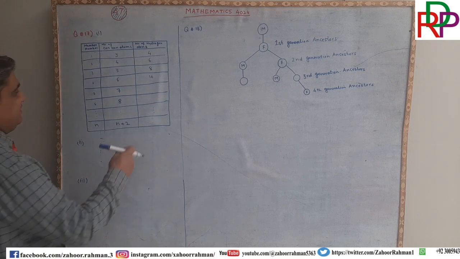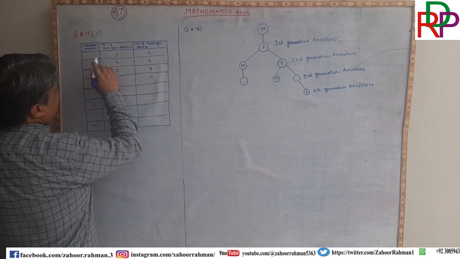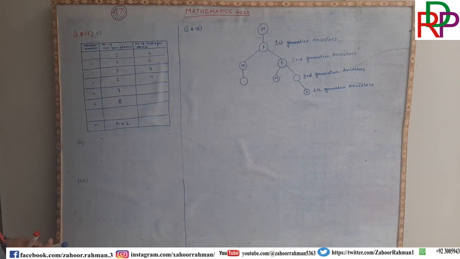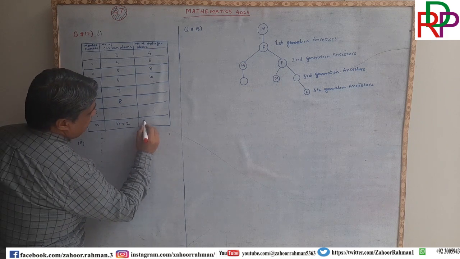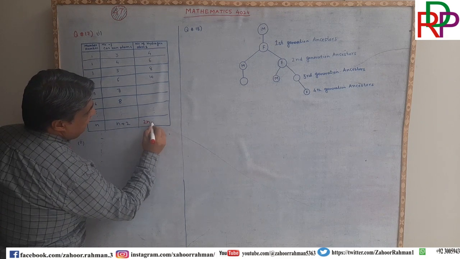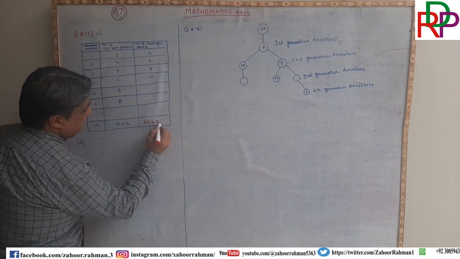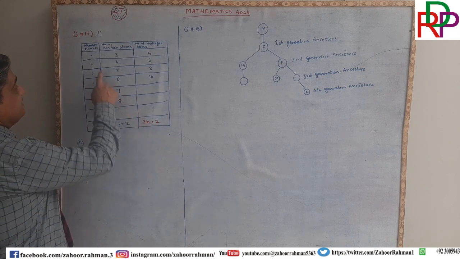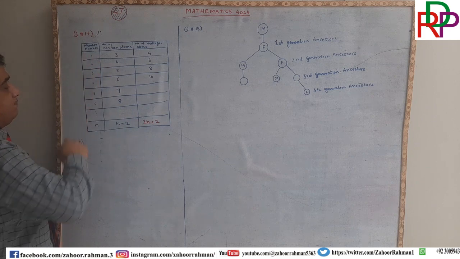Now in this case, for 1 it is 4. How will we get it, ladies and gentlemen? Let me first write the general formula, then I will tell you how.